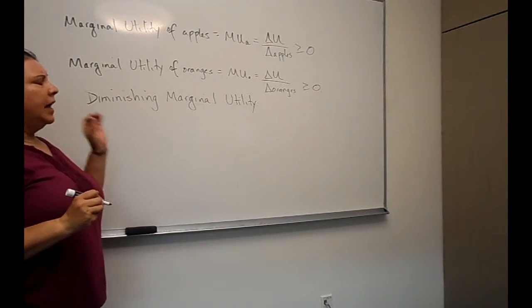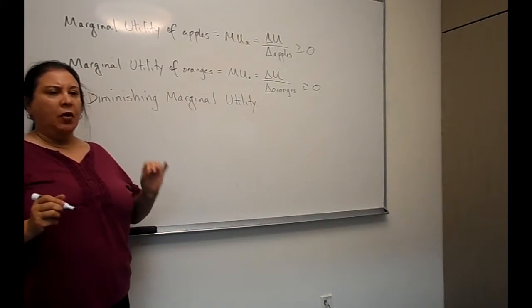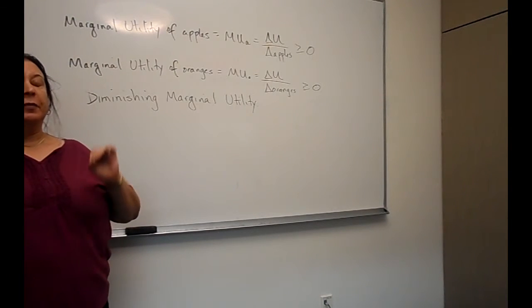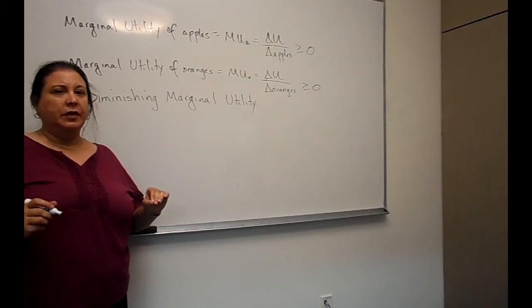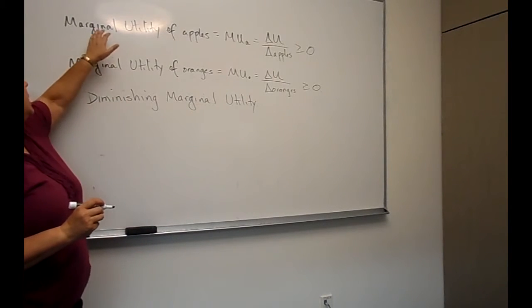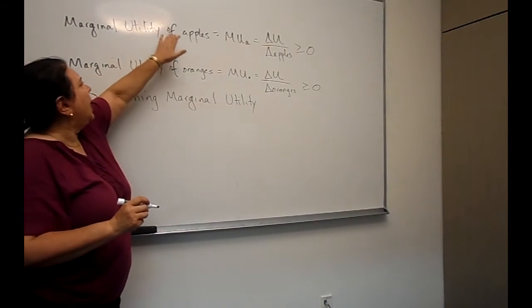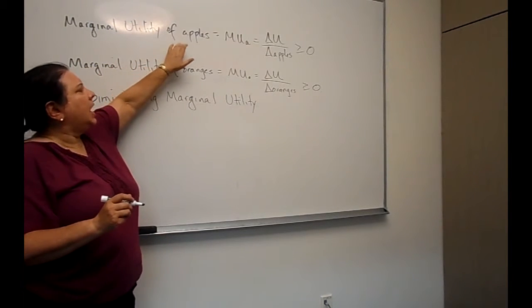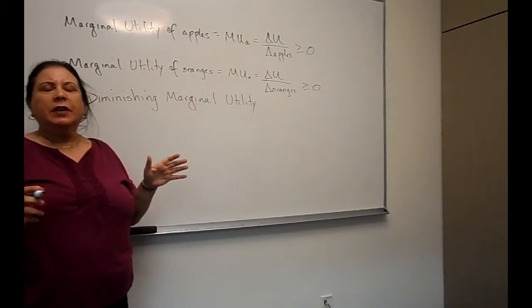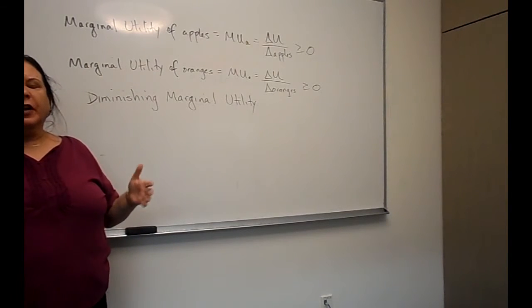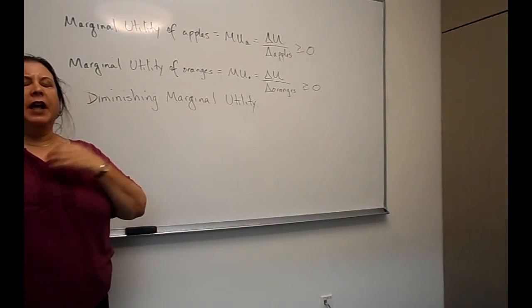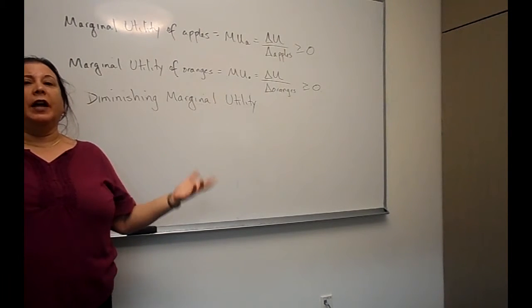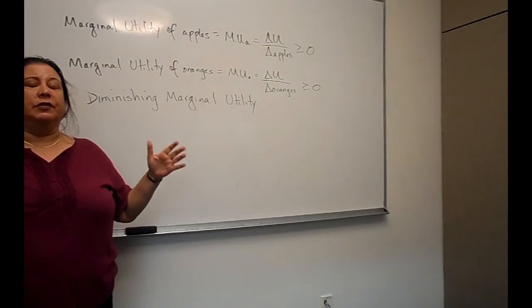Which means as you consume more and more of a good, the extra utility you get from consuming that good goes down. Okay? So that means as you consume more and more apples, the marginal utility of the next apple goes down. And you could think of it this way. If you're very, very hungry, you haven't eaten anything yet, and then you consume 1 apple, that's going to satisfy your hunger a lot. So you get a lot of extra utility from that.